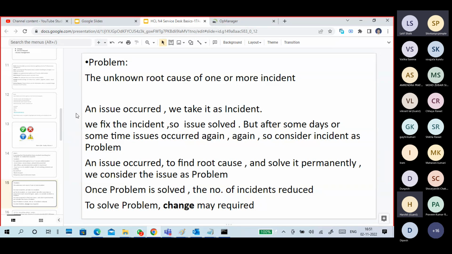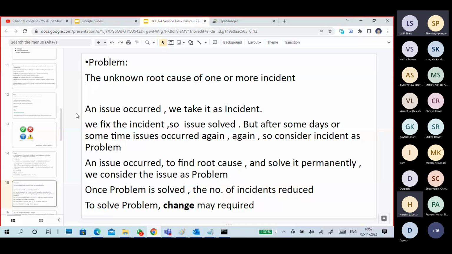When an incident occurs, we'll go and solve the issue. We'll go and fix the incident. So the issue is resolved. After some days, the same issue occurs again, and you go and fix it. Again it occurs. Go and fix it. Now what will you do? We'll consider this issue or incident as a problem.